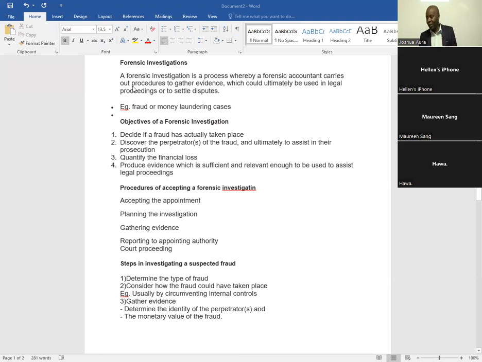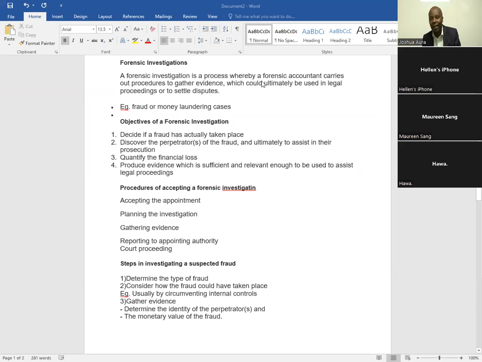As a forensic investigator. Forensic means what here? Courts. Now, so I'm repeating again because this is quite a very common area in your exams. A forensic investigation is that process whereby a forensic accountant carries out procedures to gather what here? Evidence.